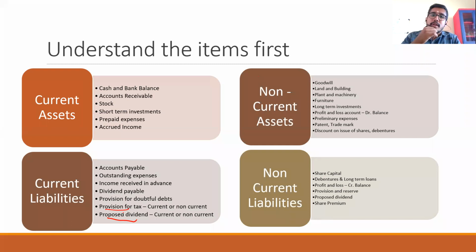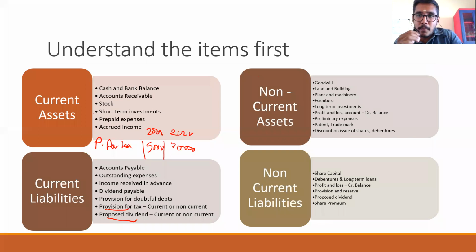What is provision for tax? You are getting a balance sheet with two columns, 2019 and 2020. Provision for tax: 5,000 and 7,000. What does it mean?